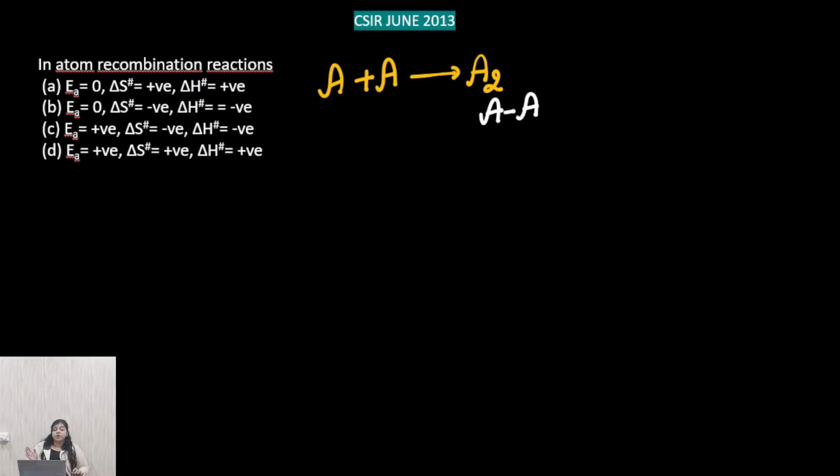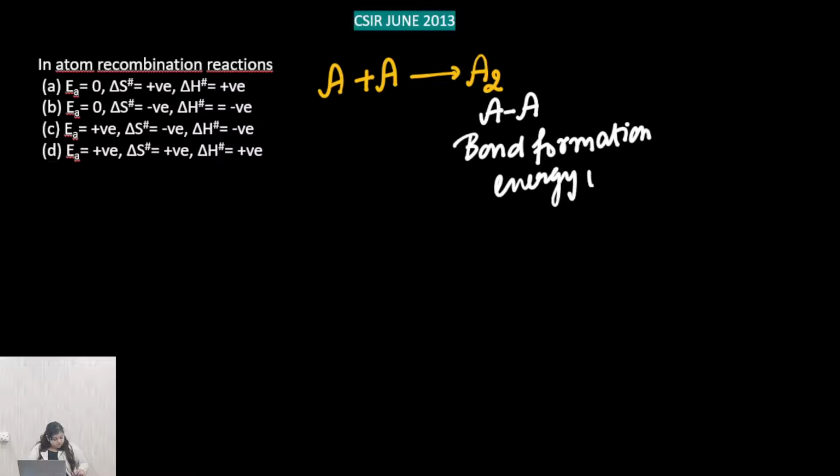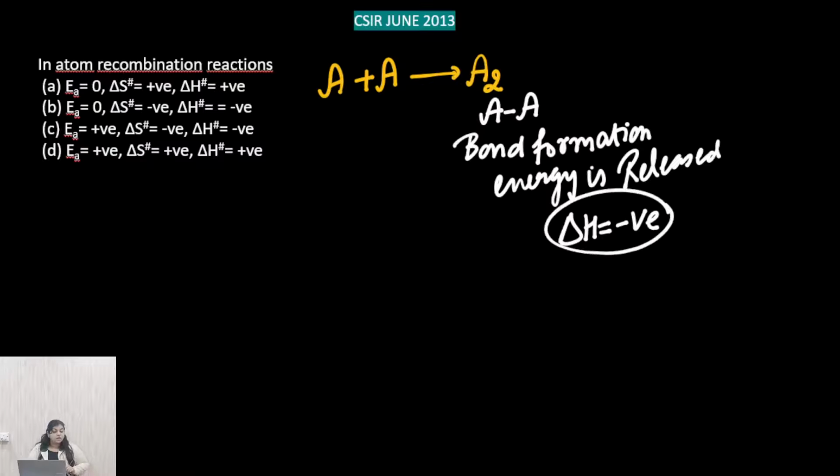Whenever a new bond is formed, energy is released during the process, which means the delta H for this reaction is going to be negative, right?